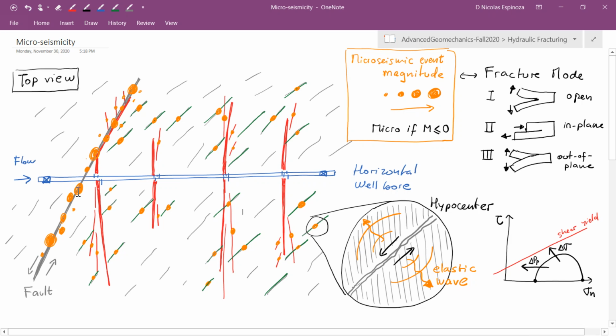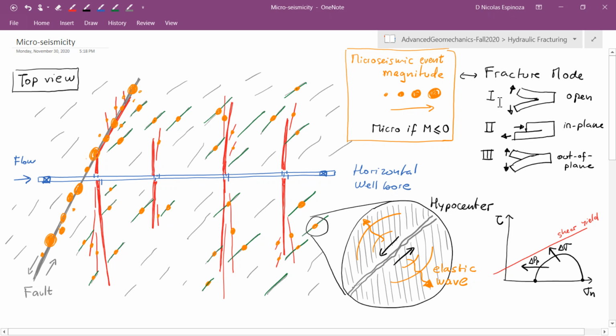All right, so in this case, I wanted to highlight the mechanisms of microseismicity and what causes microseismicity. It's widely recognized that most of the microseismicity that occurs in this type of hydraulic fracture treatment is related to the fracture mode.